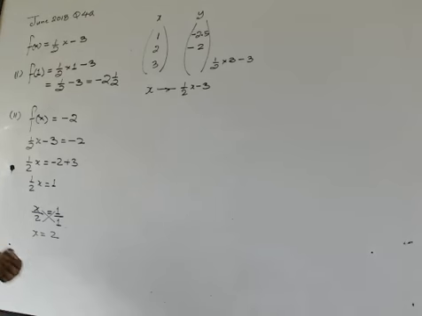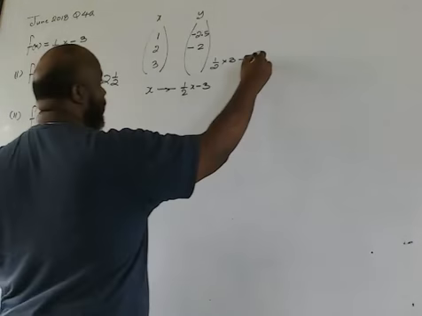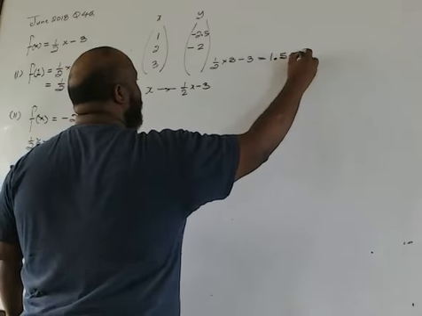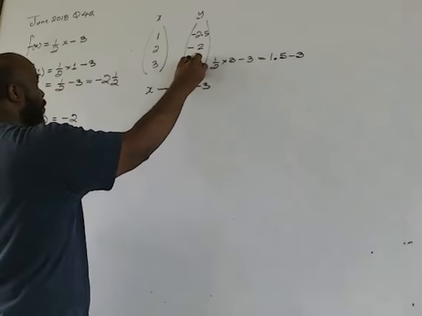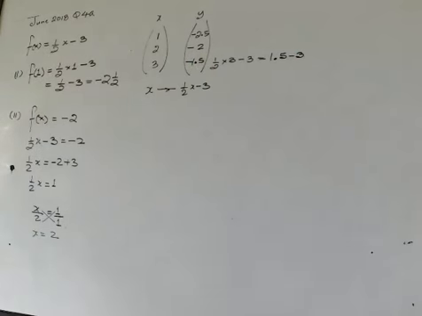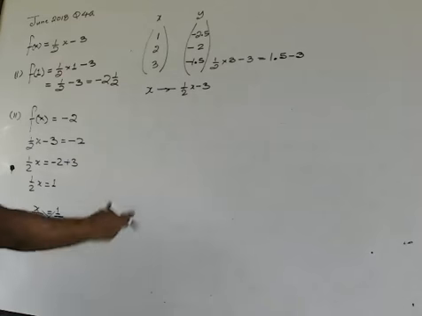What is a half times 3? A half of 3 is 1 and a half, or a half of 3 is 3 over 2, which is 1 and a half. So this is minus 1.5.